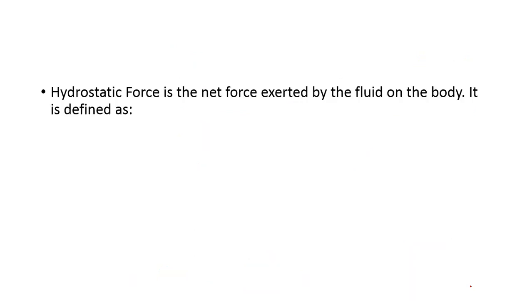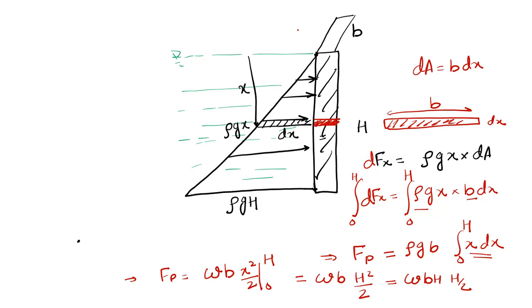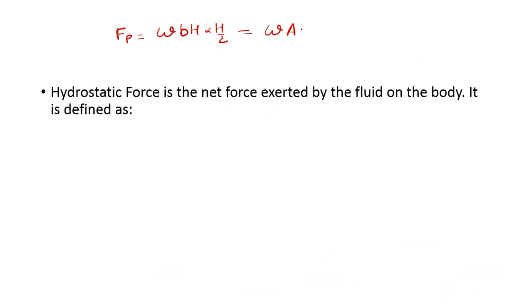So now if I write down this equation finally, the force due to pressure is nothing but omega BH into h by 2. What is BH? BH is nothing but the normal area, right? Normal area means the complete area of the wall normal to these forces. That will be area. What is h by 2?